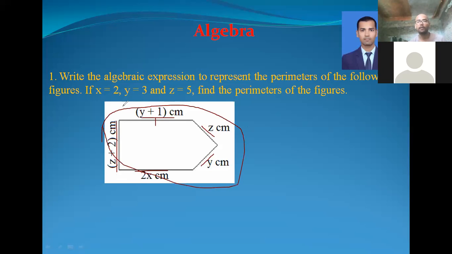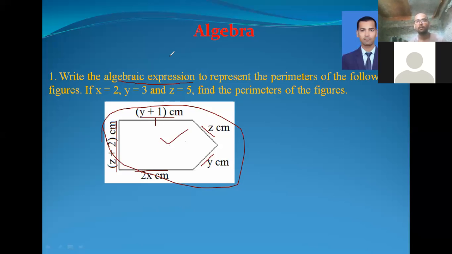As we know, the perimeter of the figure, you know how we can find the perimeter of the figure. To convert the figure into an algebraic expression, we apply the formula of perimeter of the figure.